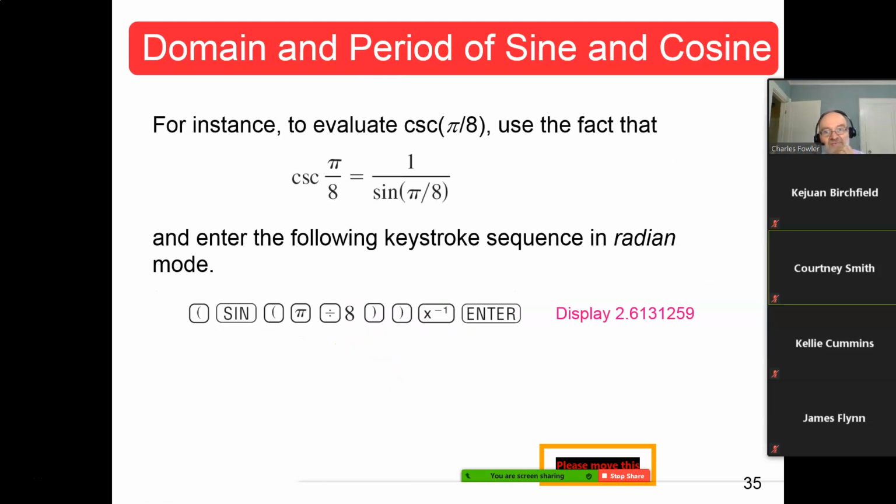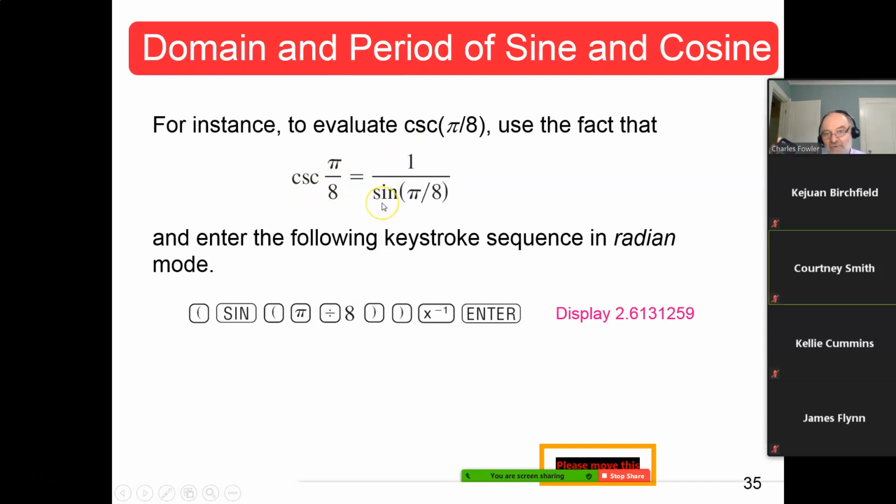All right. For example, to evaluate the cosecant of pi/8. Now, different calculators have different algorithms. If you have a scientific calculator or a graphing calculator, you don't have a cosecant key, I don't think, but you know that cosecant of pi/8 is 1 over the sine of pi/8.